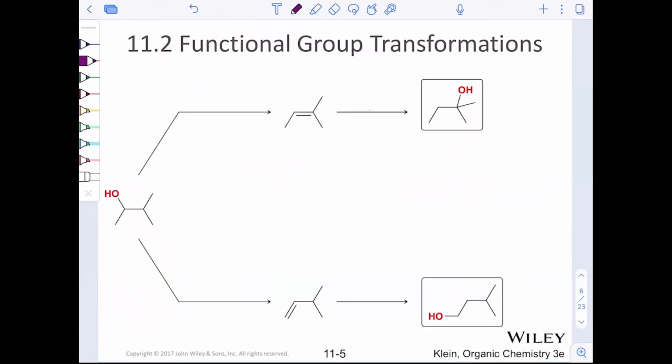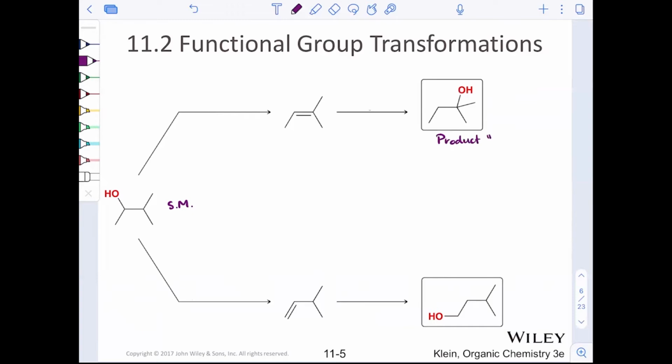All right, a couple more functional group transformations here. Again, showing you intermediates, showing you the step-by-step analysis so that we can really hone in on these individual reactions first. Now, here's my starting material. Here's a product.